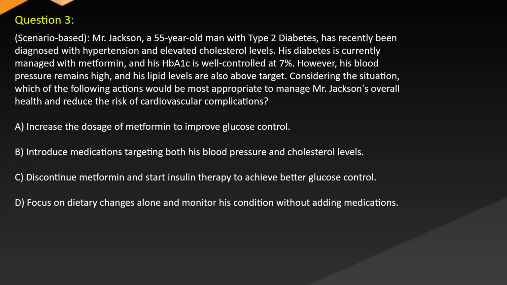Considering the situation, which of the following actions would be most appropriate to manage Mr. Jackson's overall health and reduce the risk of cardiovascular complications? A. Increase the dosage of metformin to improve glucose control. B. Introduce medications targeting both his blood pressure and cholesterol levels. C. Discontinue metformin and start insulin therapy to achieve better glucose control. D. Focus on dietary changes alone and monitor his condition without adding medications.